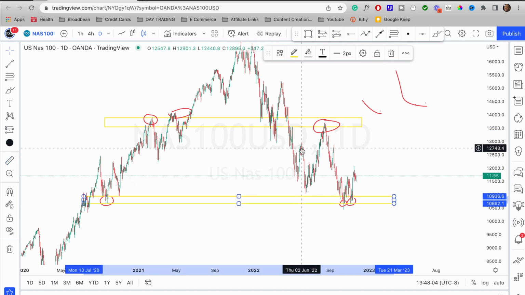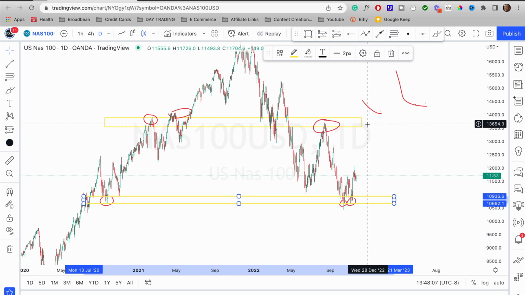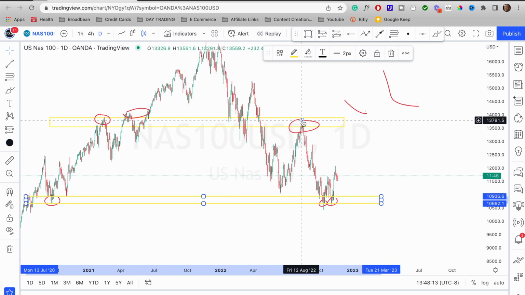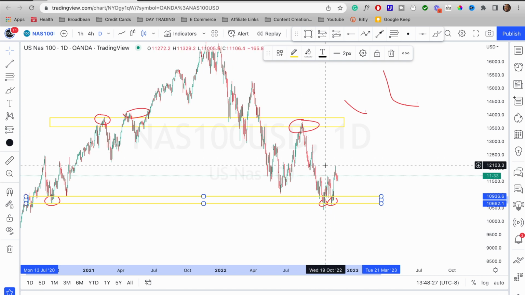I'm not saying you'll make 60% gains off of SQQQ, but if you buy at the right time, you have the maximum amount of exposure because you are limiting your risk. If you were to buy in the middle, you don't know if price is going to come back up to this resistance area or come back down to the support area.